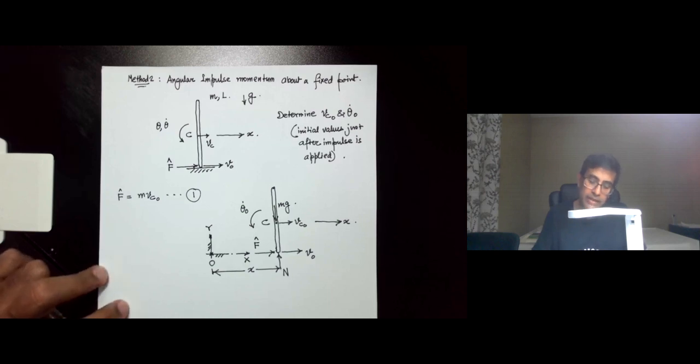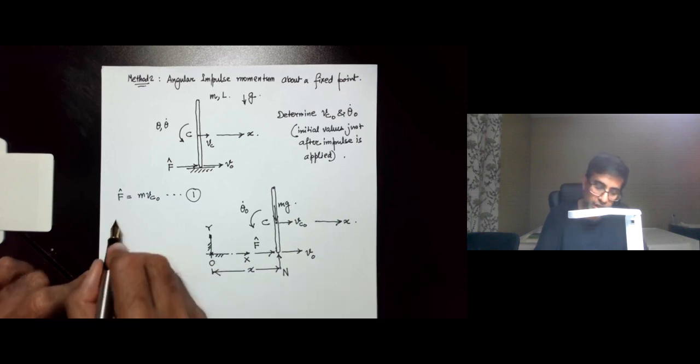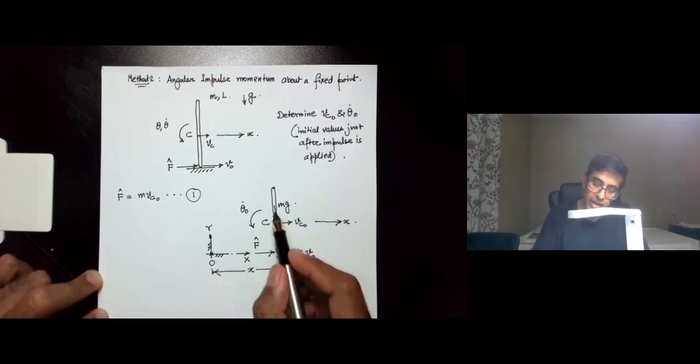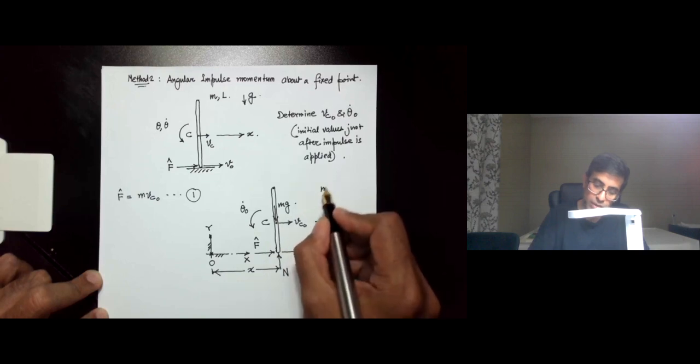Now, if I apply the angular impulse momentum equation about this fixed point, I will still have the same thing, that is, the change in angular momentum about the point O is equal to the net angular impulse of all these forces about the point O. So note that, in this case, mg is equal to n.